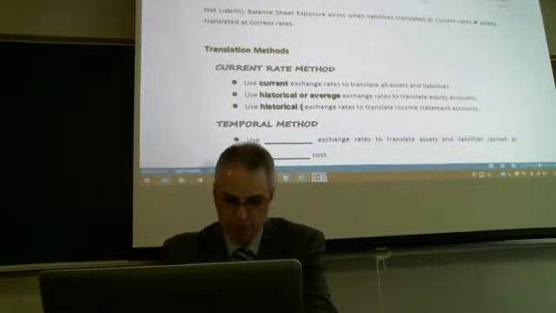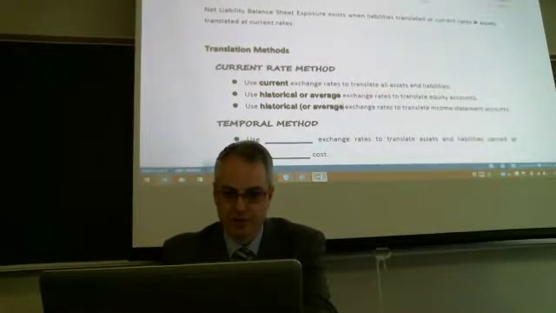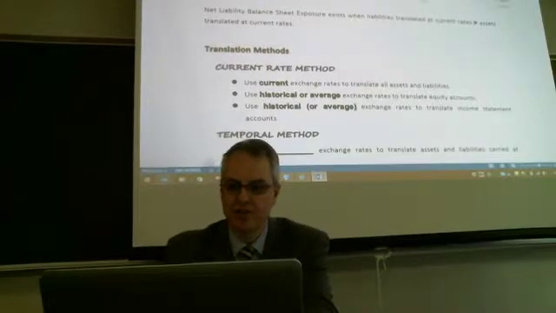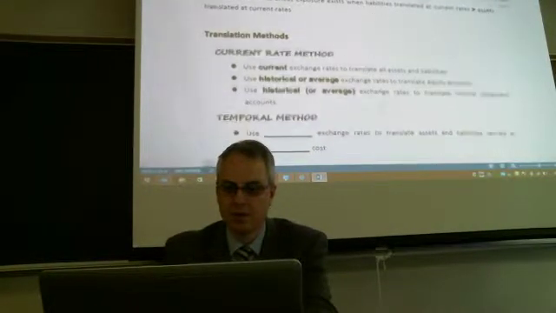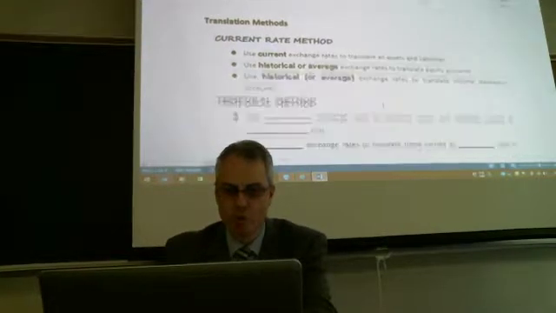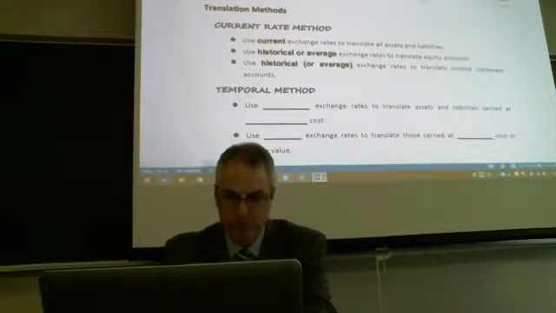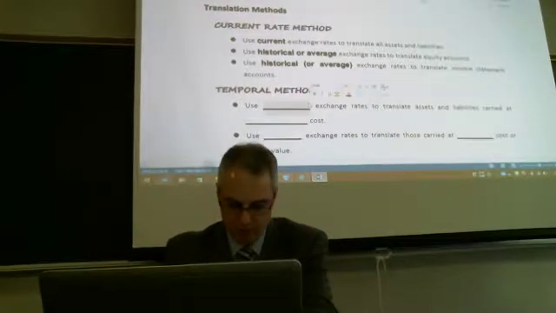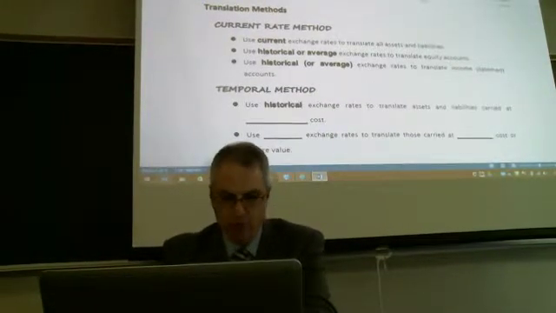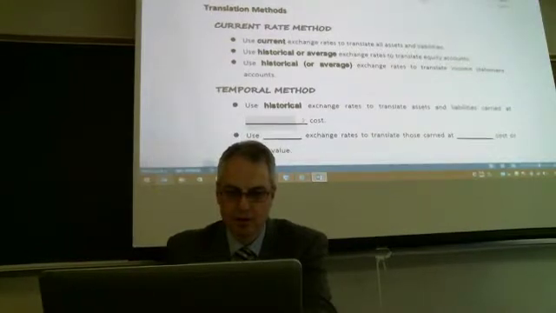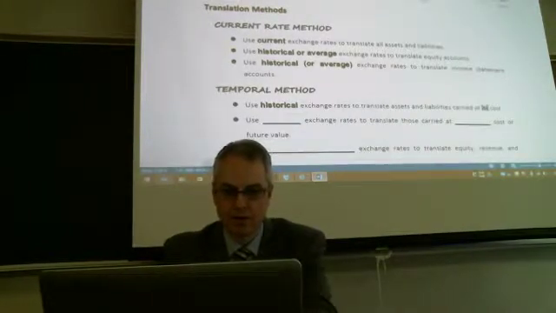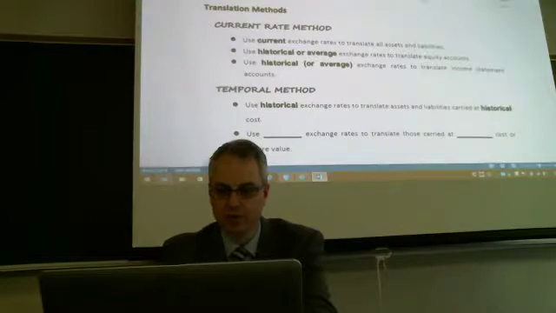So use historical or average exchange rate to translate income statement accounts. The temporal method uses historical exchange rates to translate assets and liabilities carried at, obviously, historical cost.